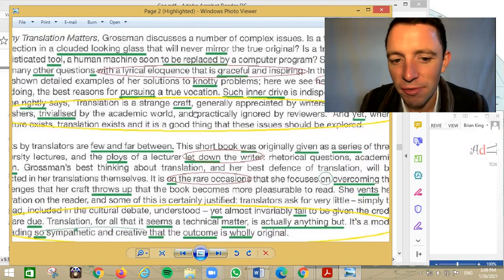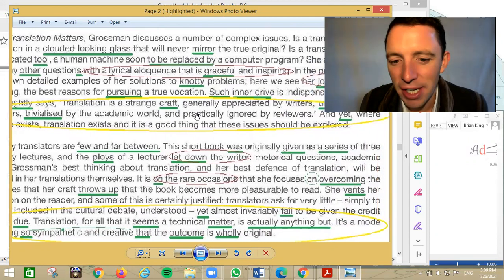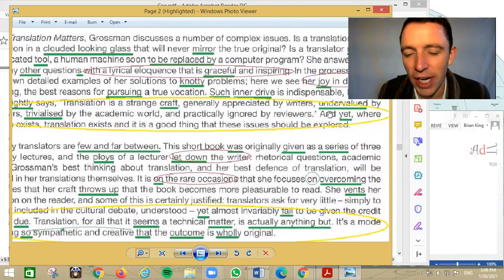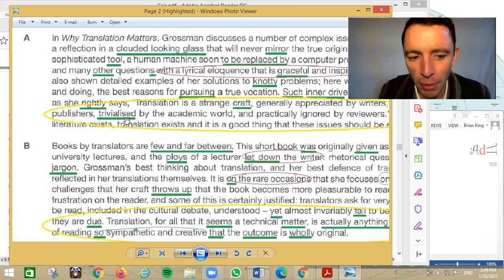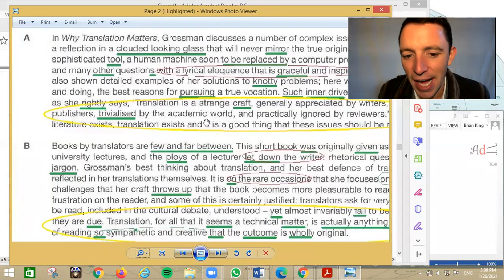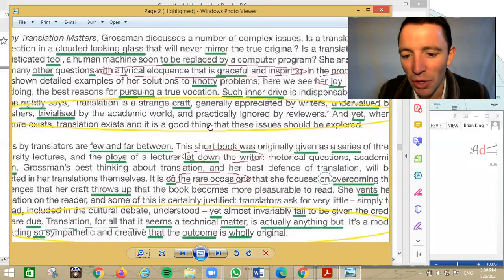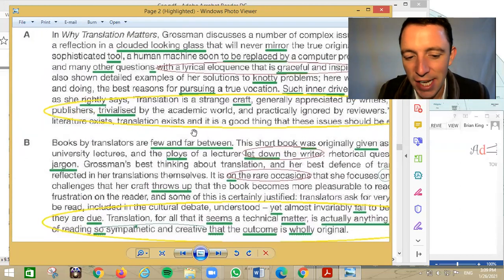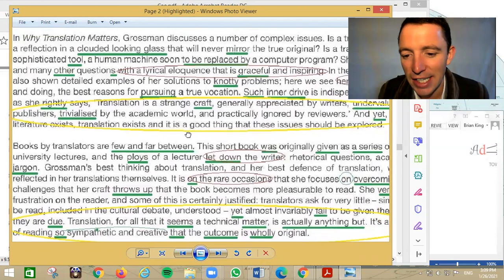It's a strange vocation, a strange job. Generally appreciated by writers, undervalued, so that's bajo valor, undervalued by publishers, trivialized by the academic world, and practically ignored by reviewers. And yet, where literature exists, translation exists, and it's a good thing that these issues should be explored.